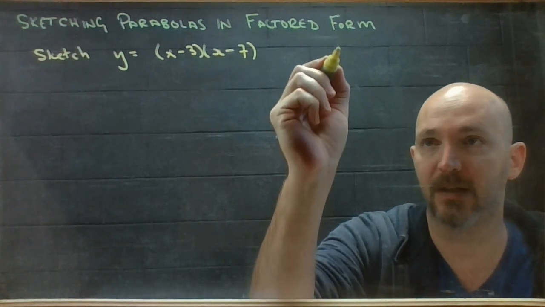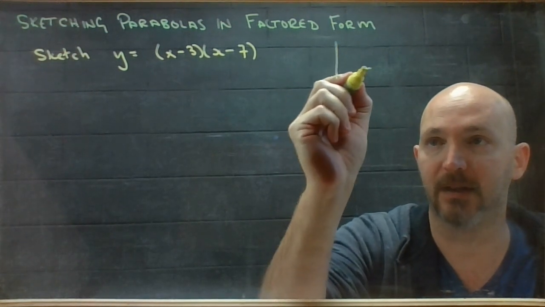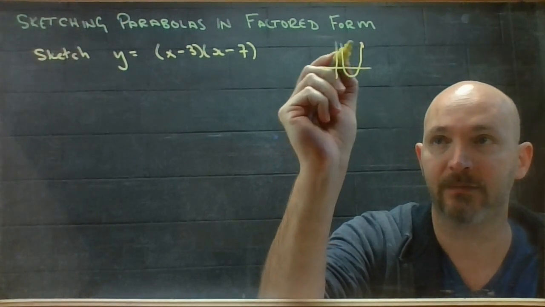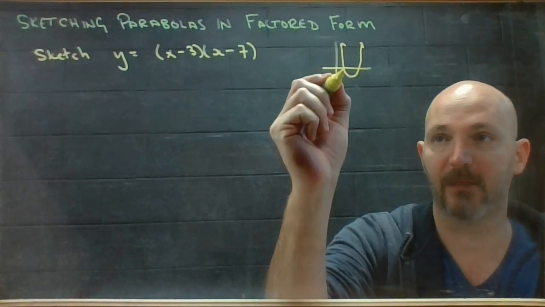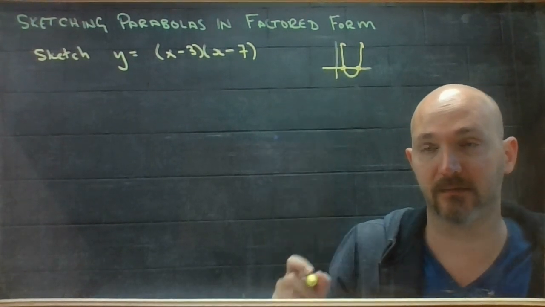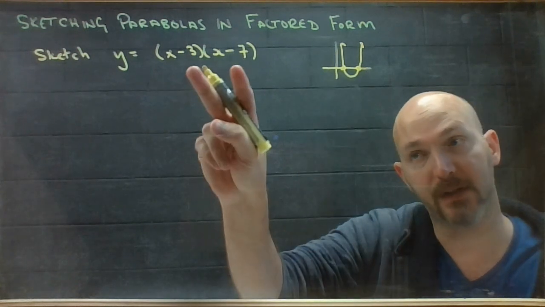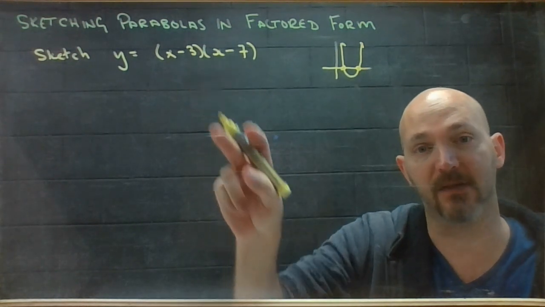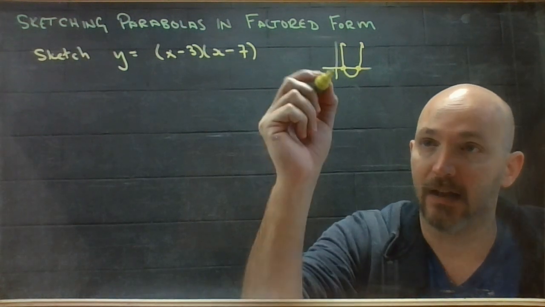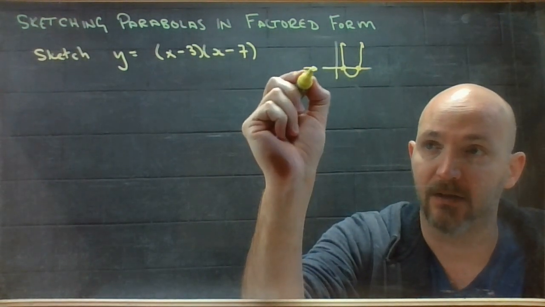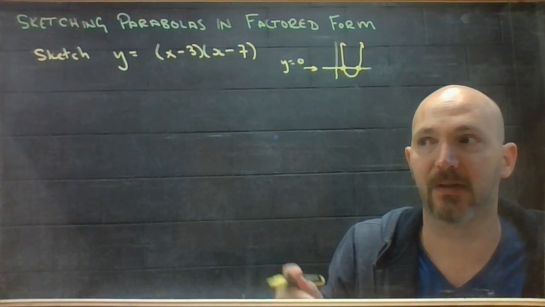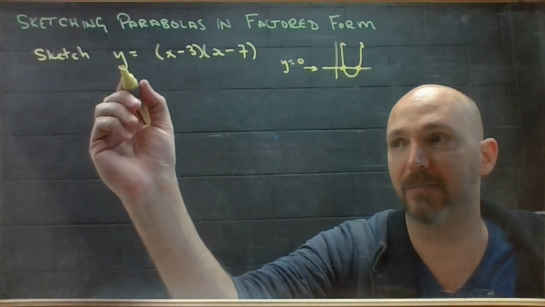So if you think about an x and a y grid, and you have a parabola coming down like so, if it crosses the x-axis, it's going to cross in two places, there and there. So I would need two things to show me where it crosses. Now, if you look at where x-intercepts are, those things happen when y equals 0. So I'm just going to put that here for a minute.